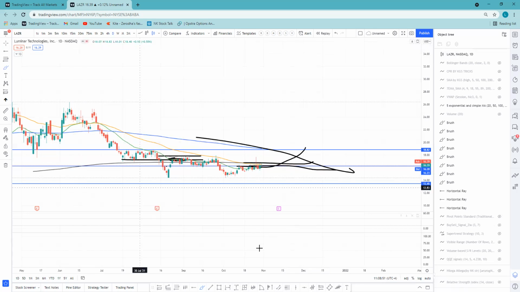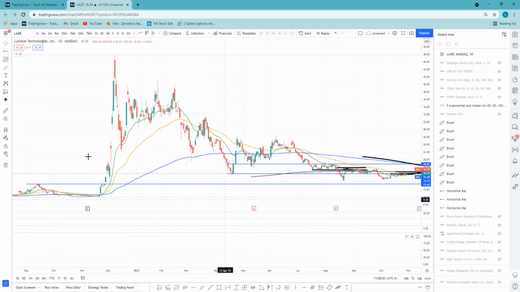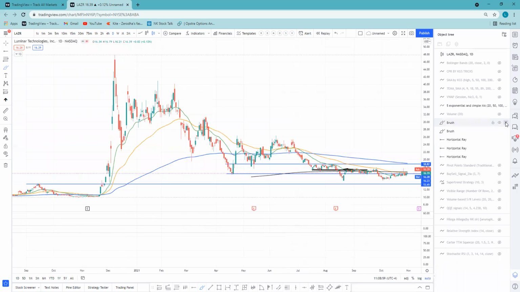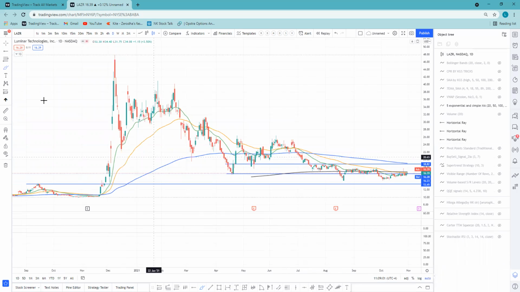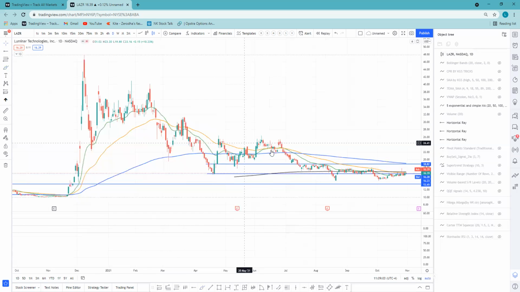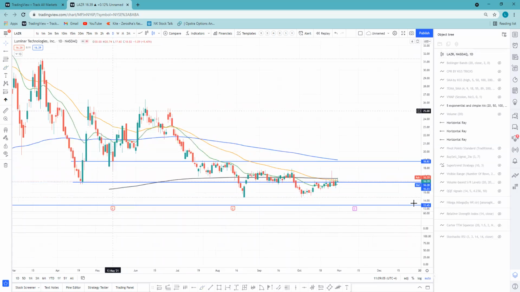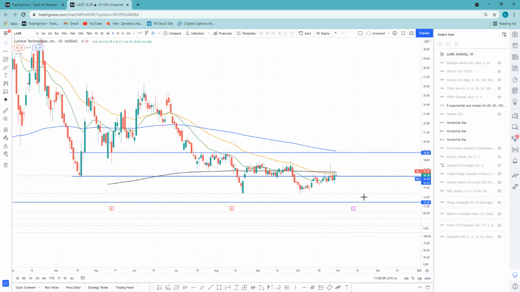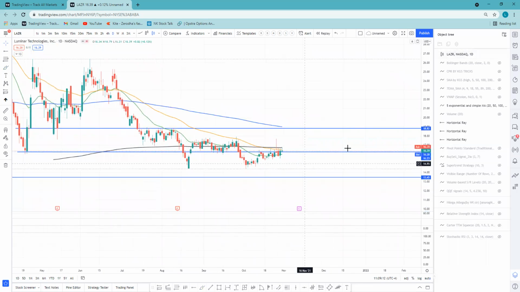So for an example, let's take Laser, because one of you is stuck here. If you see here, the price is not even following the 50 EMA.